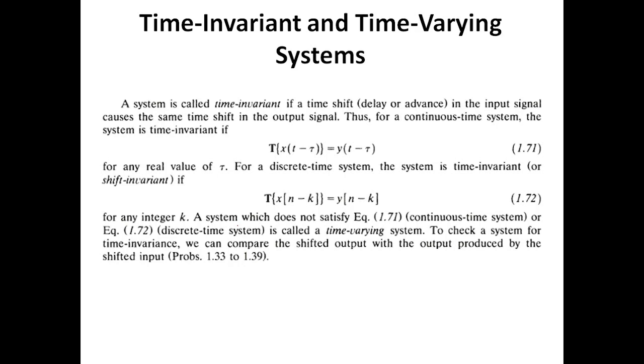However, we do not want a time varying system, we want only the time invariant system, because if by shifting any kind of signal, whether delaying or advancing, the nature of the output changes, that means our analysis will become incorrect. Okay, so this we need to understand.